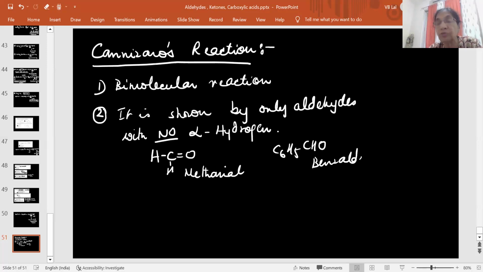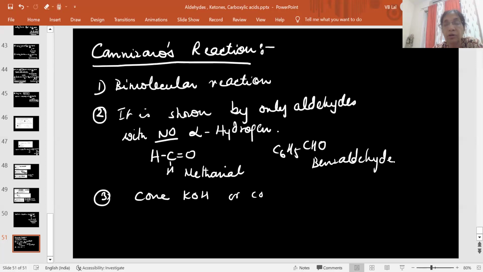These two aldehydes do not show aldol, but they show the Cannizzaro reaction. Third important thing is it happens in the presence of concentrated KOH or concentrated NaOH, concentrated alkali. In the previous case, it was dilute alkali. Here it is concentrated.